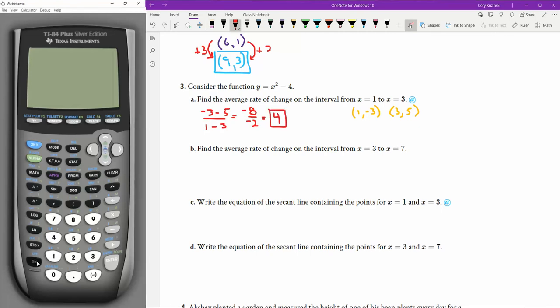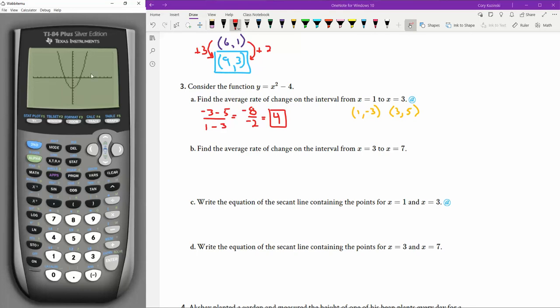Let's graph this thing. X squared minus 4. Graph it.